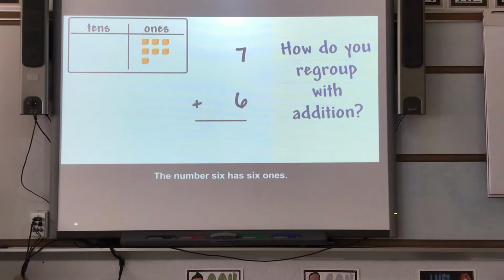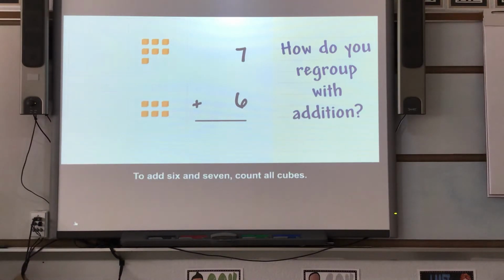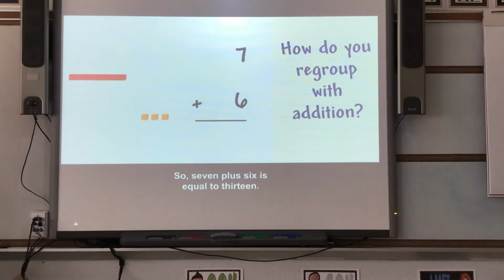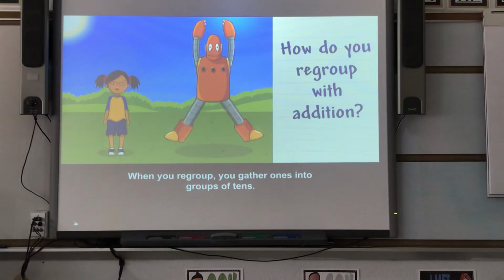The number 6 has 6 ones. To add 6 and 7, count all the cubes. It's easier if you trade in 10 cubes for 1 tens rod. There's 1 tens rod and 3 ones cubes. So 7 plus 6 is equal to 13. When you regroup, you gather ones into groups of tens.